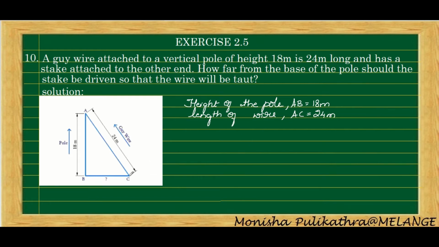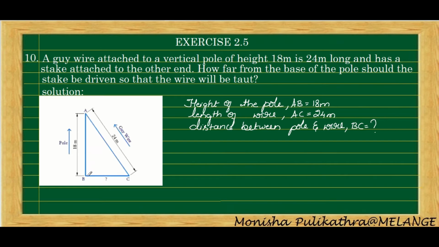So we need to find the distance between the pole and wire, that is BC.